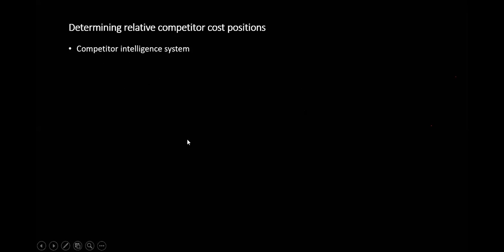Then determine relative competitor cost position. When you look at the relative competitor cost position, a competitor intelligence system is required. We need to analyze the cost position of your business and also the cost position of our competitors.